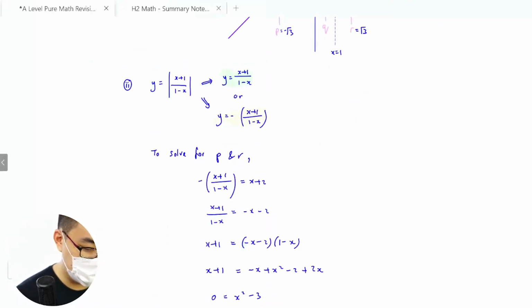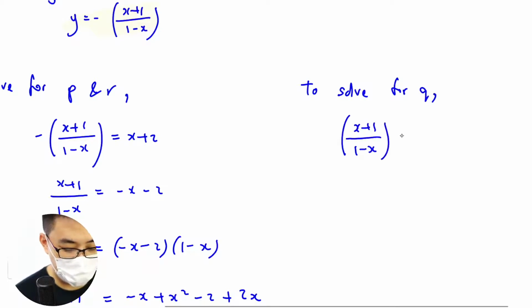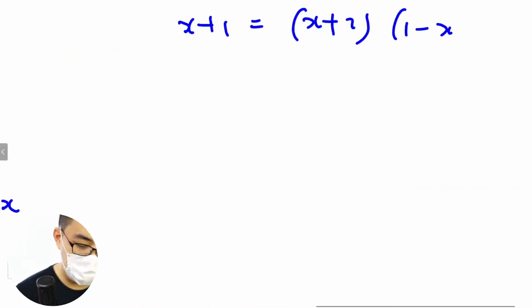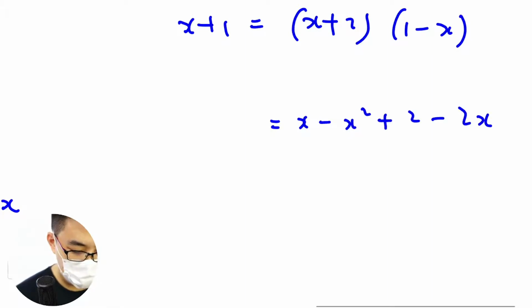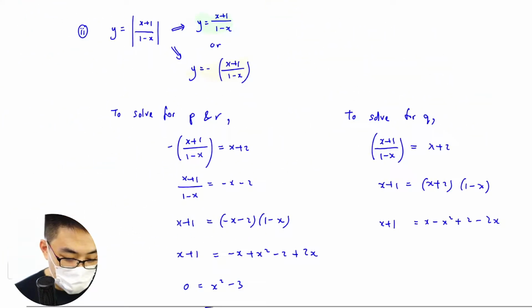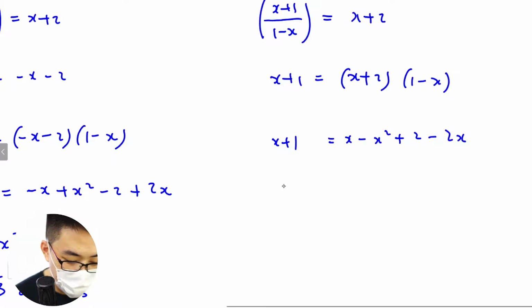So to solve for Q, we have x plus 1, which is the non-flipped up in the equation here. X plus 2. Minus 2x, bring over.